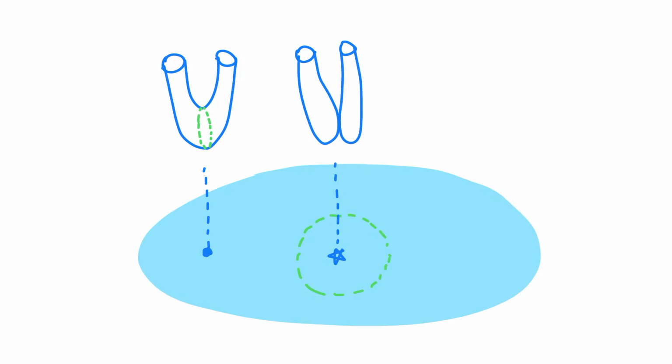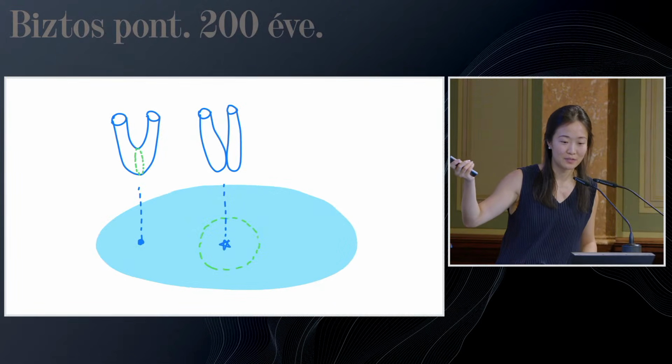As you go around the green circle around the nodal fiber, you see a right-handed Dehn twist along the essential curve in the regular fiber, denoted there in green. Okay, so this is the classical notion of Lefschetz fibrations, or bordered Lefschetz fibrations.